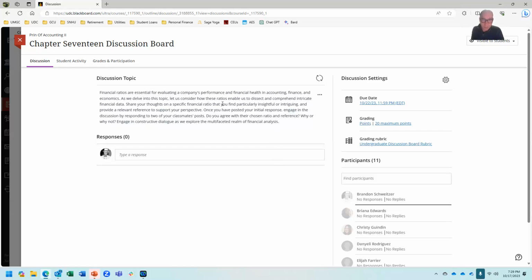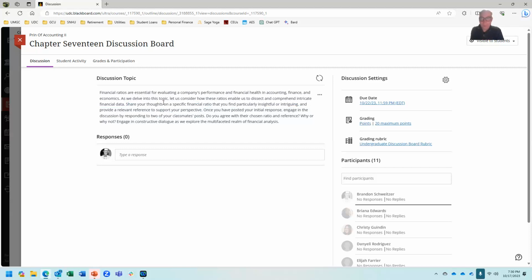It talks about financial ratios. It wants you to share your thoughts on a specific financial ratio that you found particularly interesting or insightful, and provide a relevant reference to support your perspective.